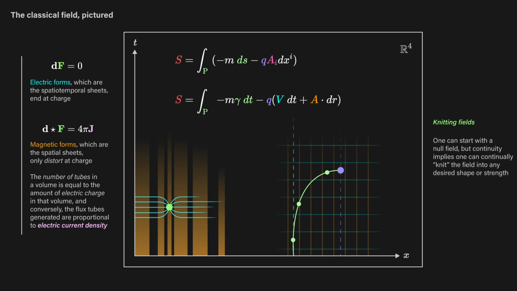So for every temporal sheet, which is the electric field, it will have a contribution to its energy, whilst every magnetic sheet it pierces, which is the constant position sheets, will contribute to its momentum. So the magnetic field contributes to the momentum, whilst the electric field will contribute to the total energy in this particular action. And so that's how the electromagnetic field operates.